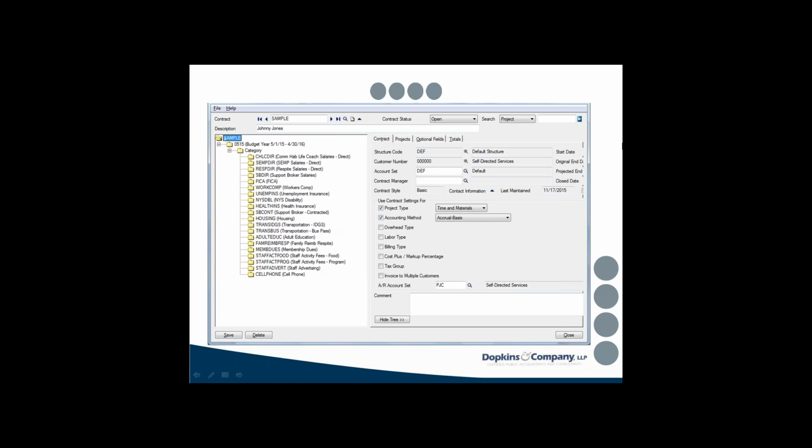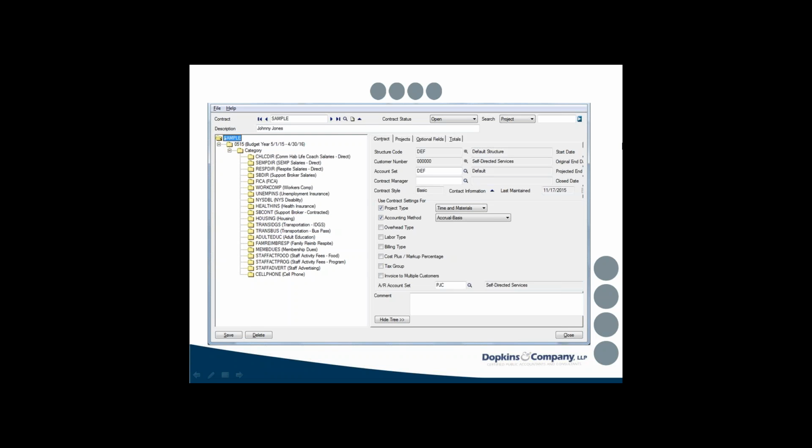So I may want to know that level of detail, even if my general ledger has one account called fringe. So again, here is that my accounting allows me to have a higher level of detail at a lower organizational level. So I'm capturing more detail on Johnny Jones.